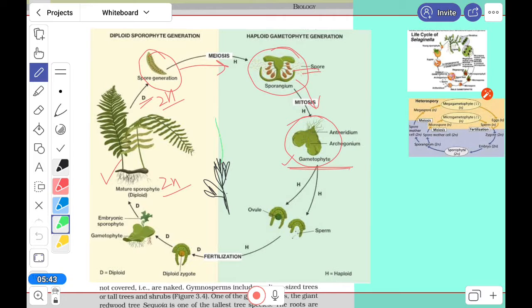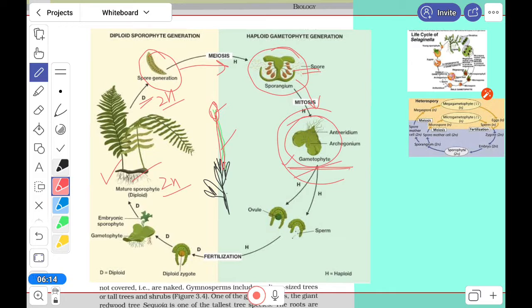That means all these things were in one plant, but here it is not that. Here they are in different plants. One plant is the sporophyte, and the gametophyte is another plant.